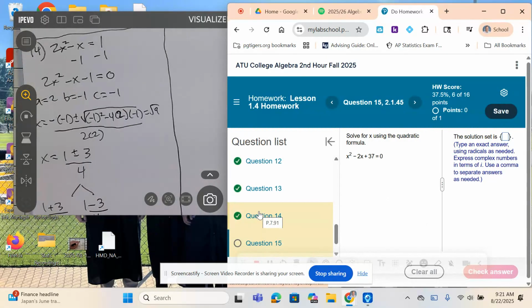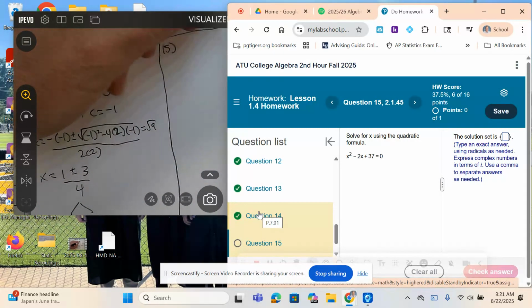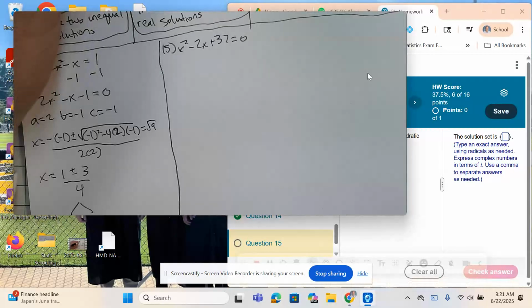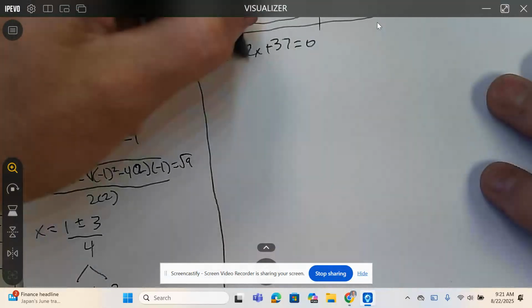So 15, we have x squared minus 2x plus 37 equals 0. So I'm going to solve this.